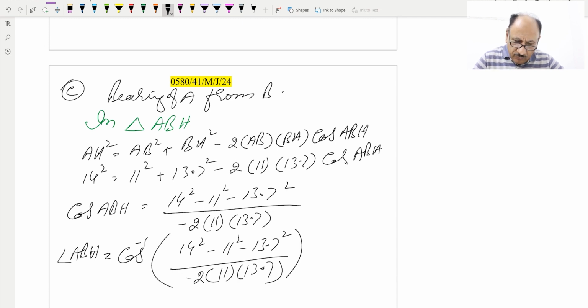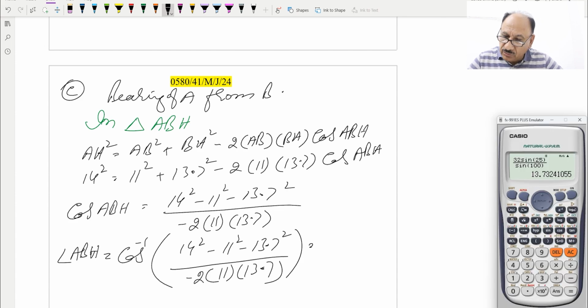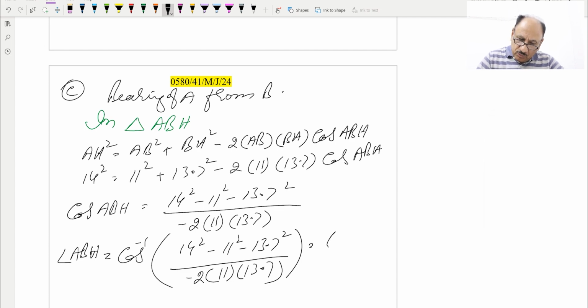Then angle ABH, which is required, will be equal to cos inverse of that. We can use the calculator: shift cos of the fraction, 14 square minus 11 square minus 13.7 square, divided by minus 2 in brackets 11 and in brackets 13.7, bracket close, and the bigger bracket also close, and it's giving 68.0, so 68 degrees.